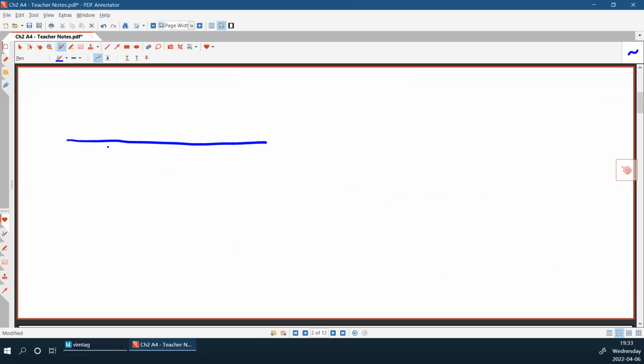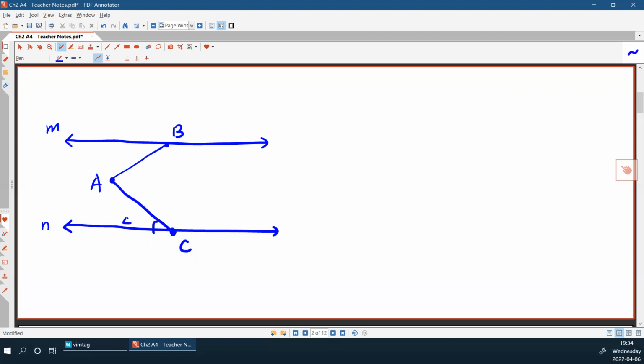This is line M, and this is line N, and we have an angle here, points A, B, C. We know this angle here is 40 degrees, and this angle here is 35 degrees.